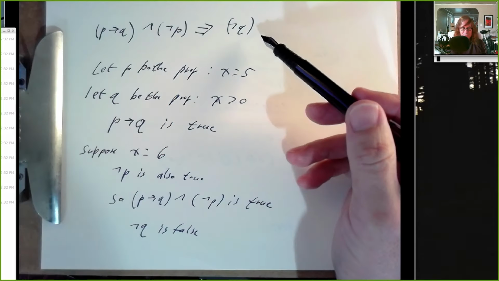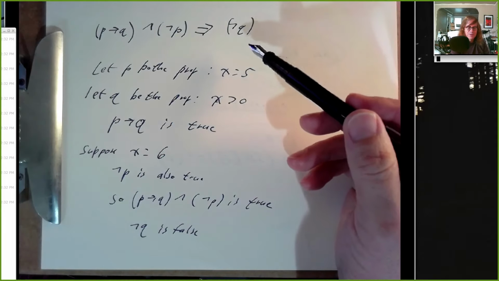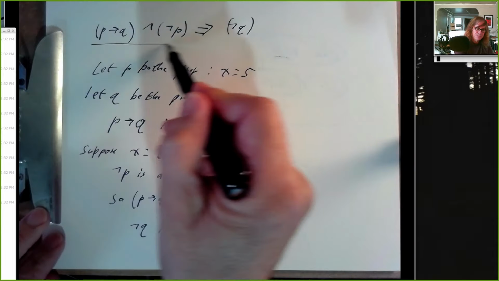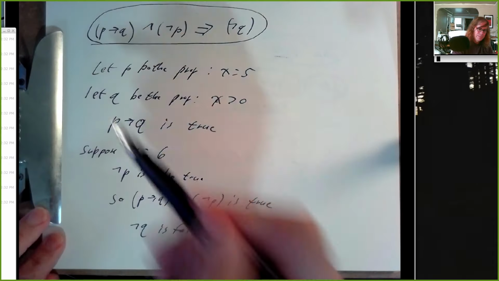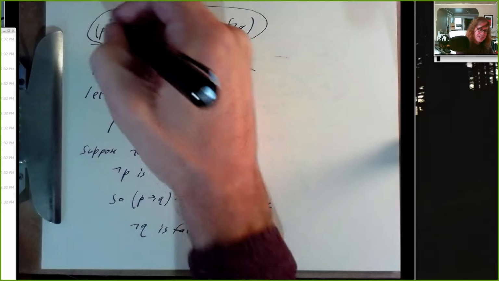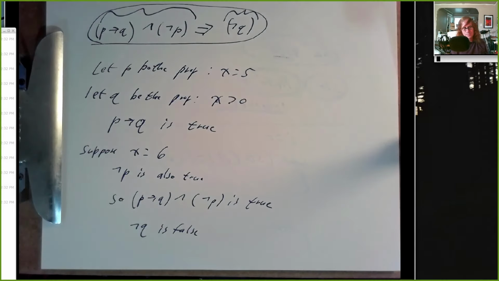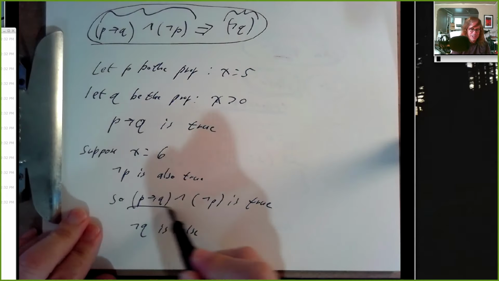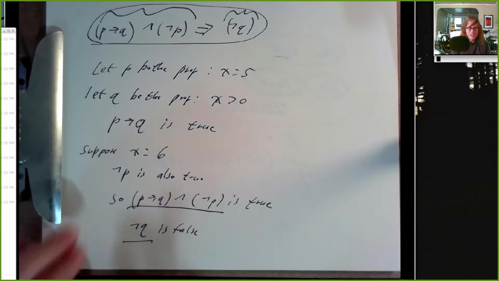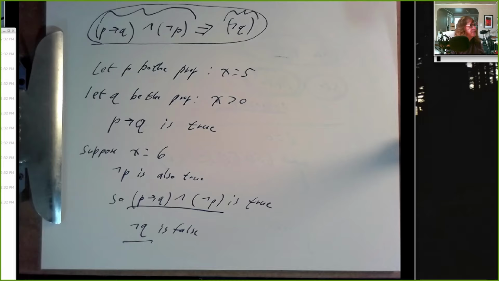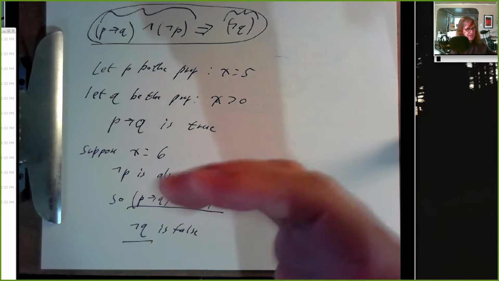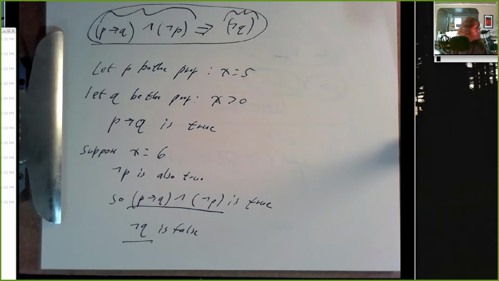And that's not an implication, right? If that was a true proposition, then any time that this is true, this would also have to be true. And here we have an example where that left side is true, but the right side is false. So that would be a valid counterexample. But you can also do this with a truth table. And I believe we did that on Monday.